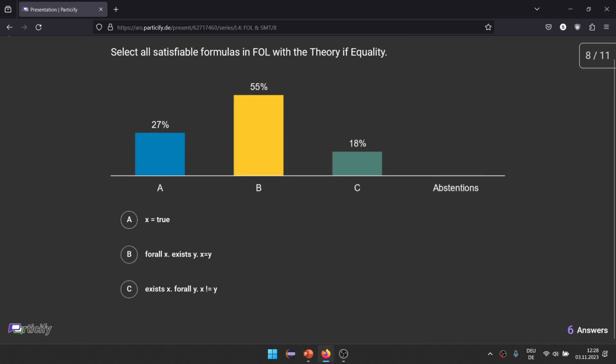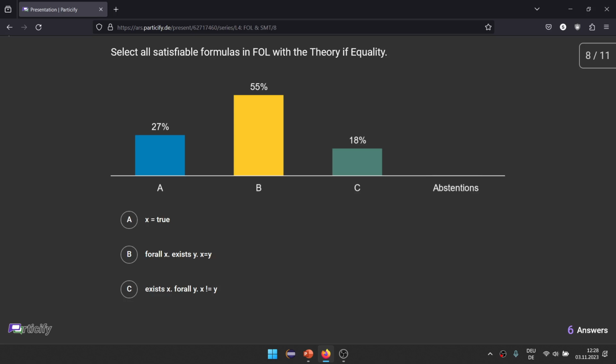For all x, there exists a y such that x equals y. So what do we have? Do we have any axiom that we need to rely on? Well, reflexivity might be a good axiom to rely on, that if we put the same element on the left and on the right, it's giving us the same thing.